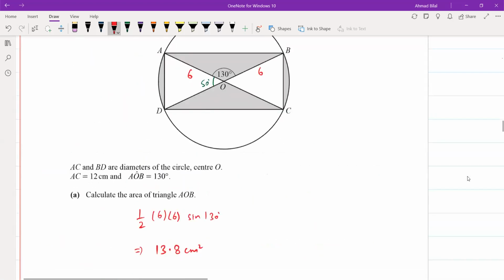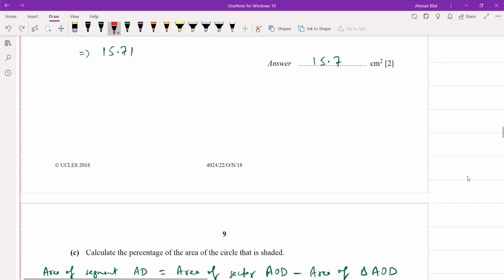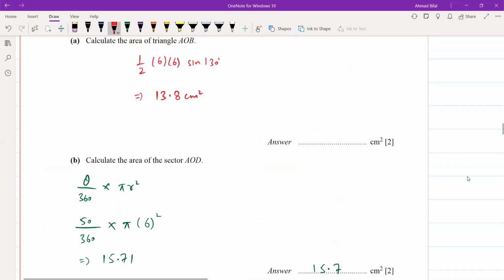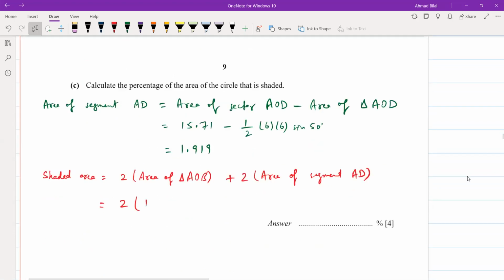Okay, because the area of this segment is the same as the area of the segment on the opposite side, the BC segment, so we multiply it by 2. So what do we get? We get 2 into the area of the triangle AOB. What was that? That was 13.8 plus 2 into the area of segment, that is 1.919.